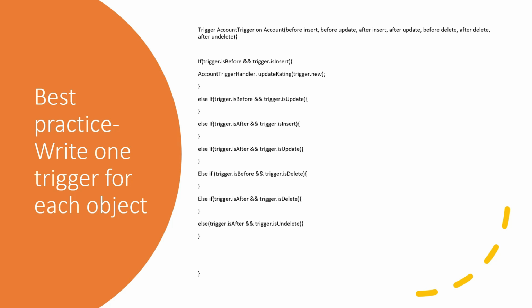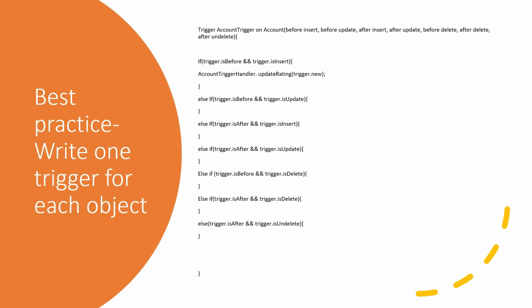You can separate your logic with if else conditions. So if the trigger is before insert, you can call a separate method. Similarly for before update, after insert, after update.